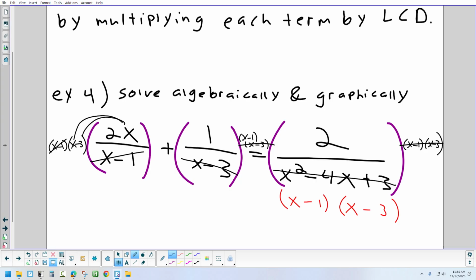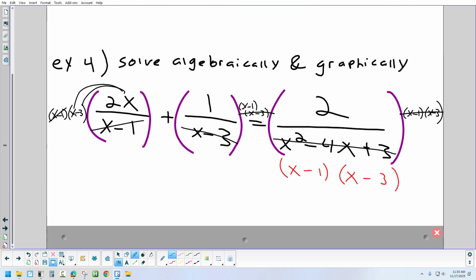What's 2x times x? 2x squared. And what's 2x times negative 3? Negative 6x. Yep. Now here, another thing to be careful with, this symbol goes with that number. That's a positive 1.